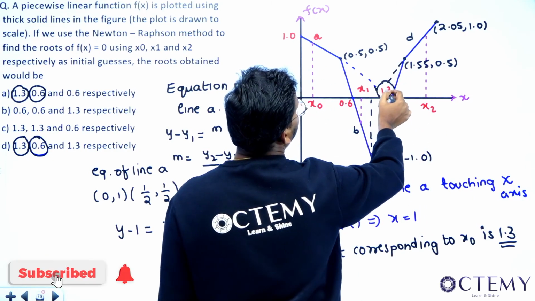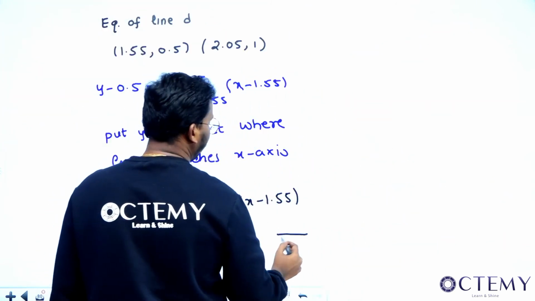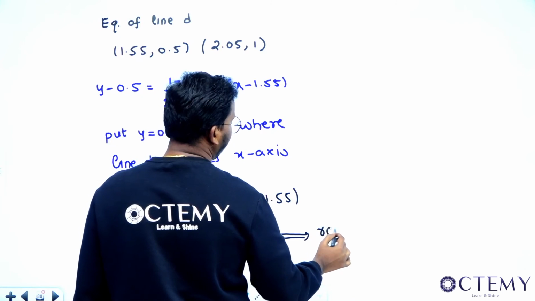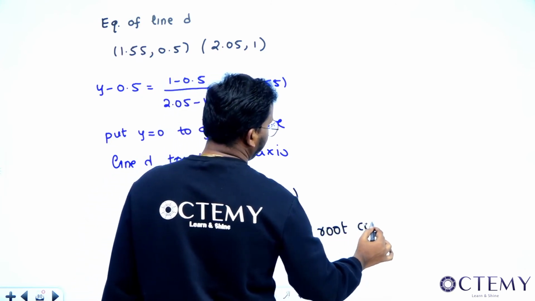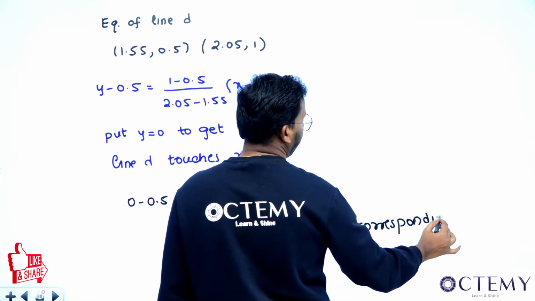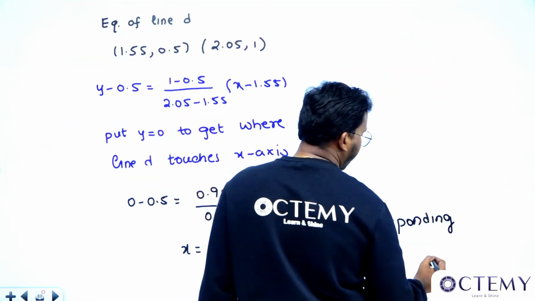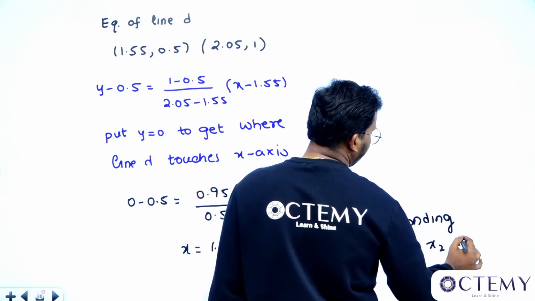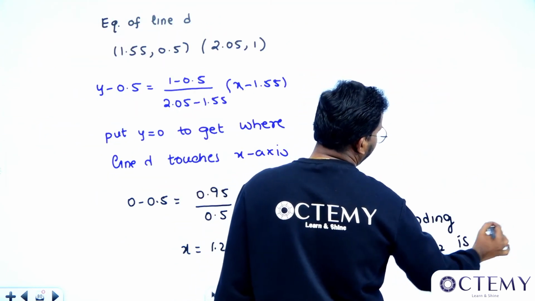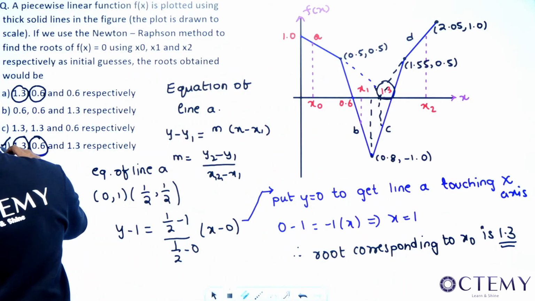That means the root corresponding to your initial guess x2 is also 1.3, right? So see, sir, option D is the right answer.